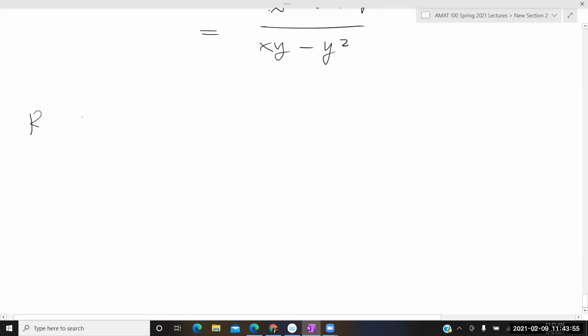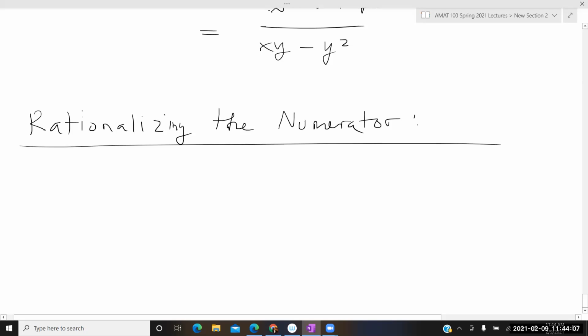So we'll just do this one, rationalizing the numerator of an algebraic expression. So for example, you might have the square root of 4 plus h minus 2. And we want to rationalize this.